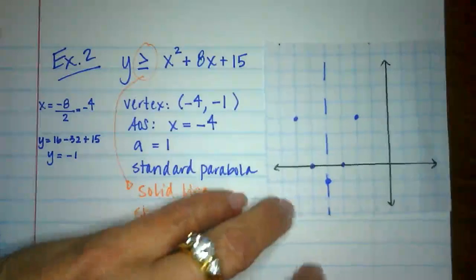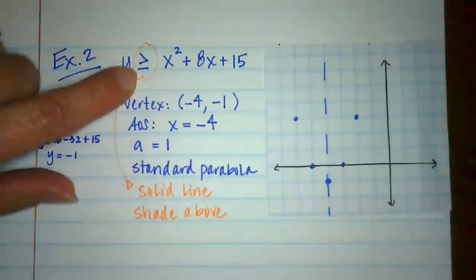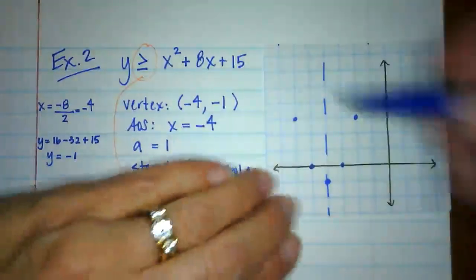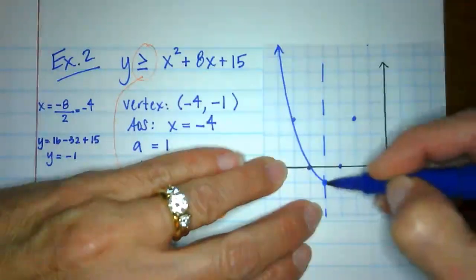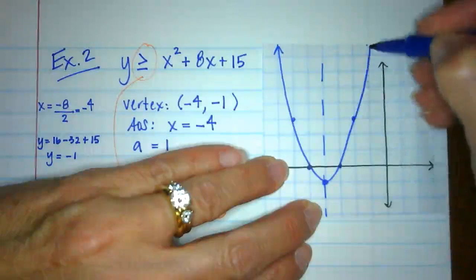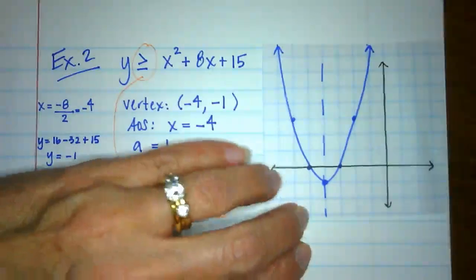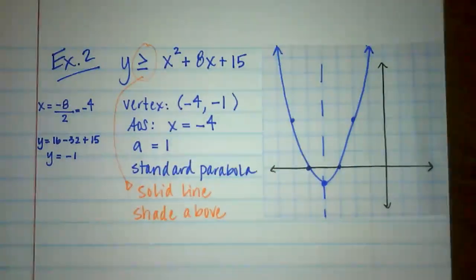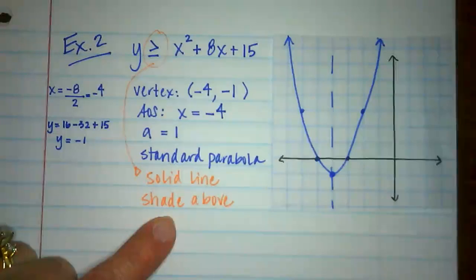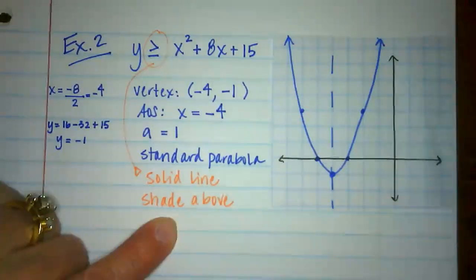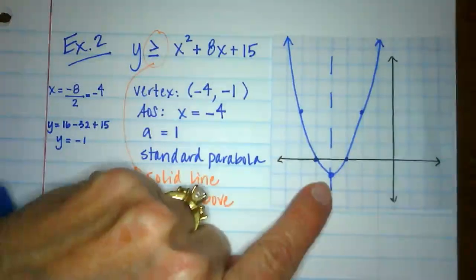Now remember we're doing an inequality, and because this is an equal to, we need to make a solid line. That's pretty much what we're used to doing on here. Oops, missed that one. Whoops. All right, solid line, and now we need to shade above. In order to determine where we want to shade, we look at our graph at the vertex.